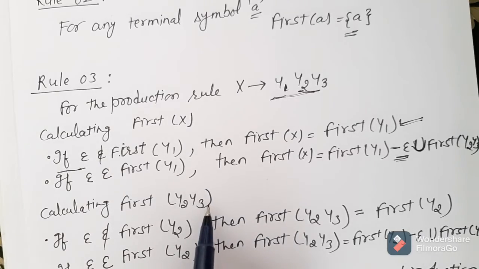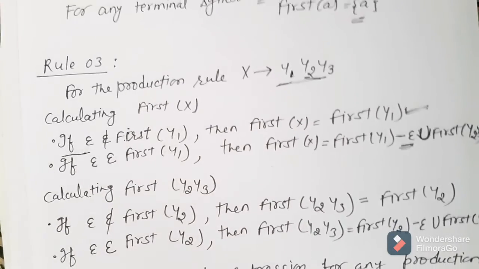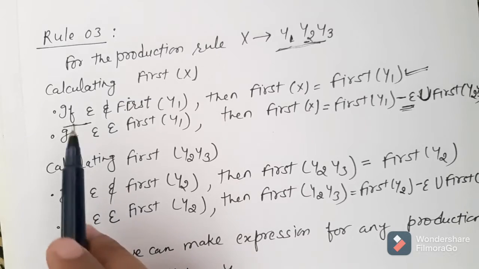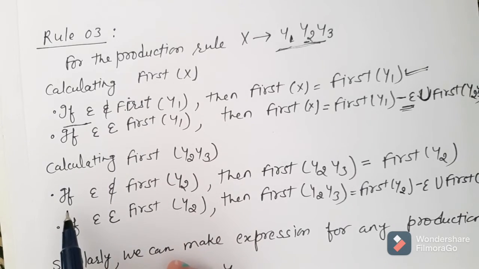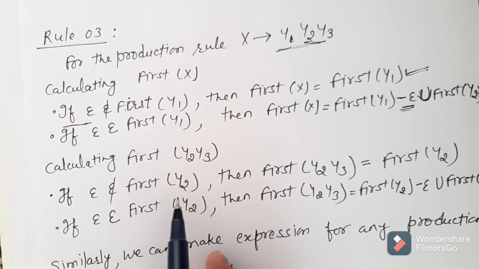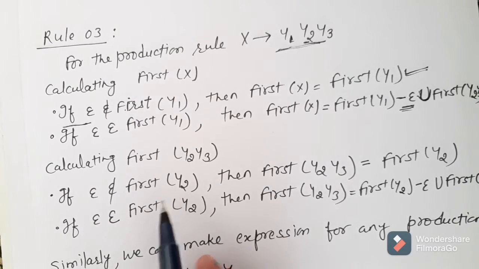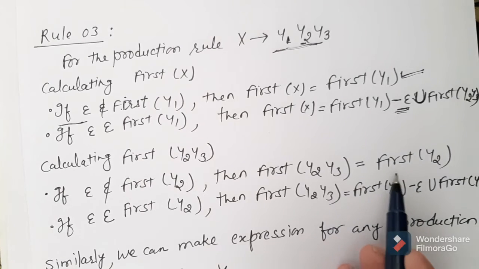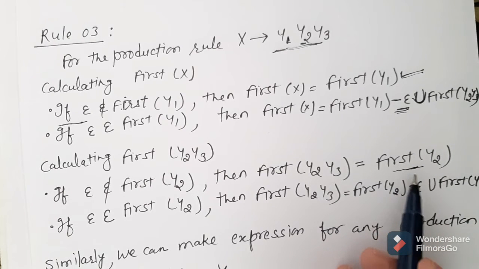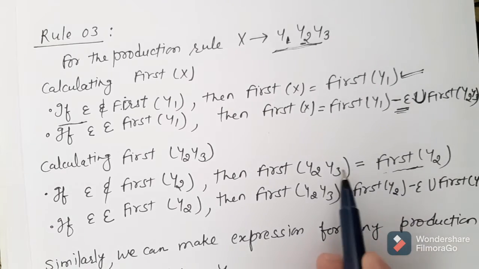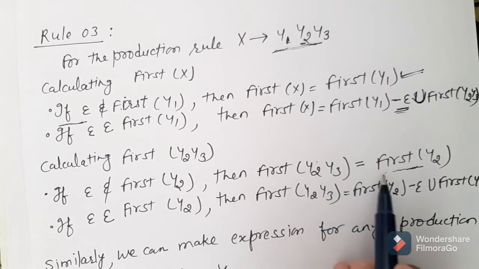Now calculating the first of Y2 Y3, we do the same thing which we did for the first of Y1. If epsilon does not belong to first of Y2, then first of Y2 Y3 is equal to first of Y2. It's very simple, because epsilon is not there, so we can directly write first of Y2 as the first of Y2 Y3.